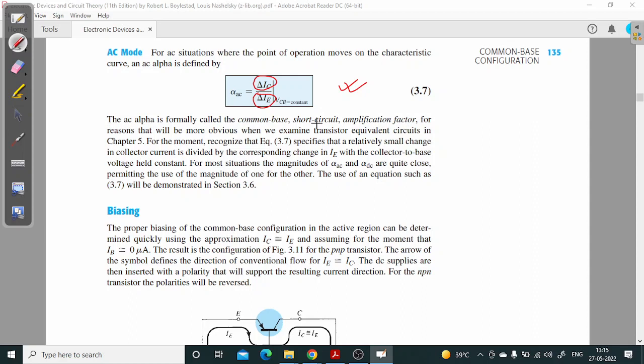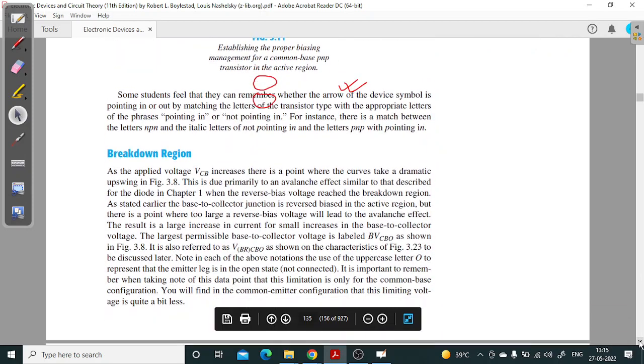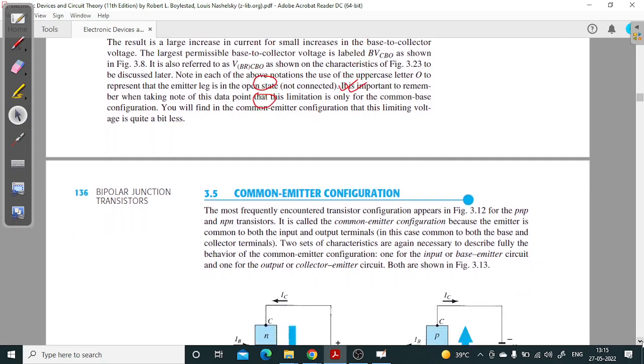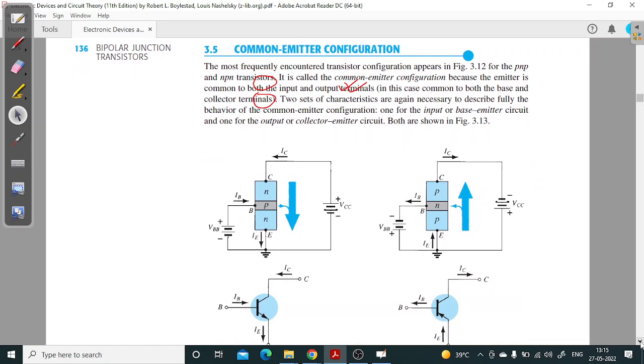Do not worry much about alpha AC and alpha DC. Look at the definitions, the values are actually similar to each other. So with this, common base configuration is over, and in the next class we will start the common emitter configuration.